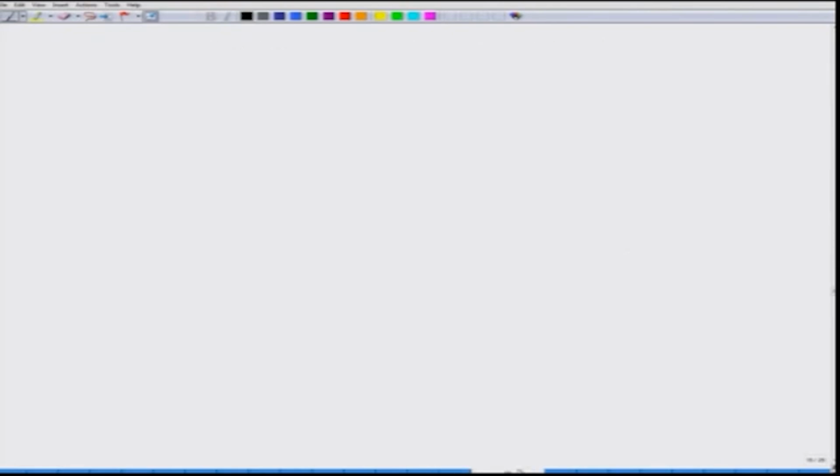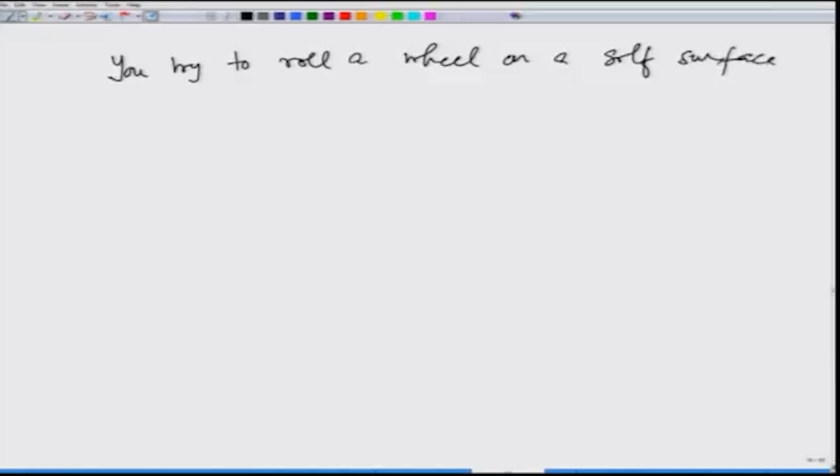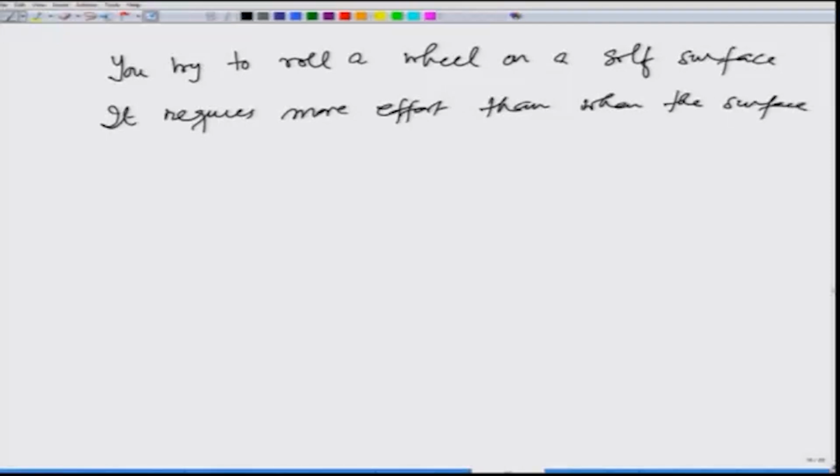Similarly, you notice other cases, if you try to roll a wheel on a soft surface, it requires more effort than when the surface is hard.